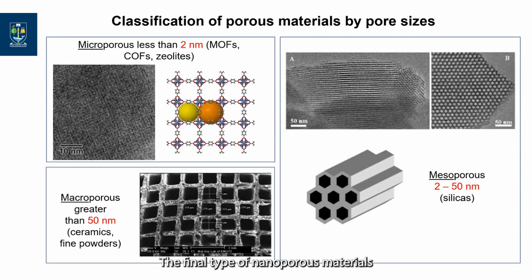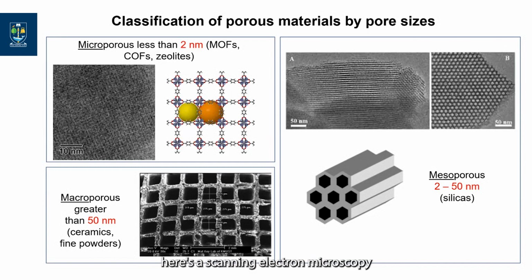The final type of nanoporous materials, according to IUPAC classification, are macroporous materials. They have pore sizes larger than 50 nanometers. It is common for macroporous materials to consist of particle agglomerates. However, macroporous materials can be made artificially using a top-down approach.